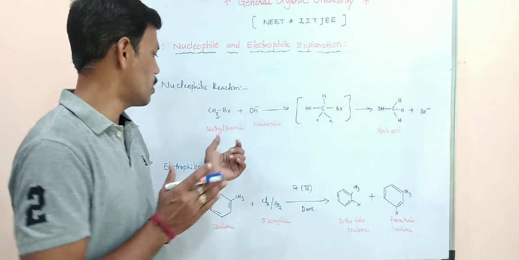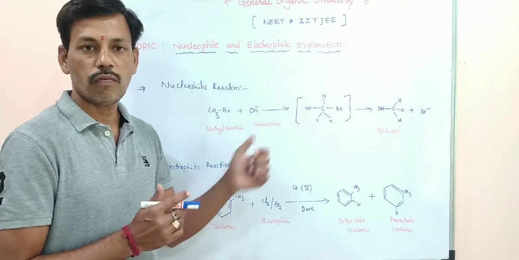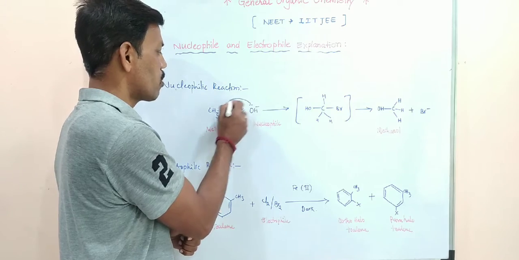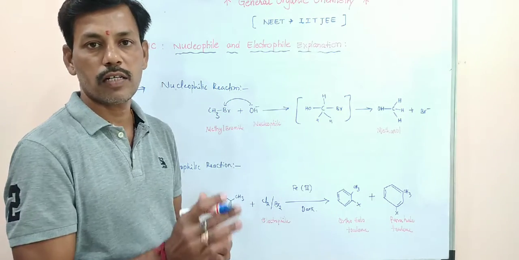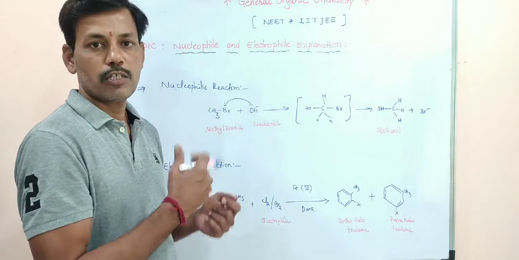The SN2 chemical reaction is also called substitution nucleophilic bimolecular reaction. If we see methyl bromide reacting with a nucleophile, we discussed that this nucleophile is an electron rich compound, and it gives electrons to other species.